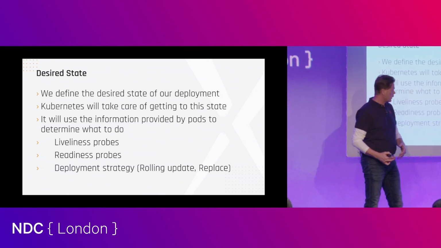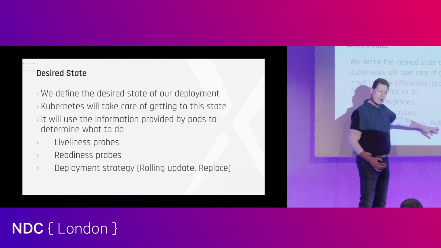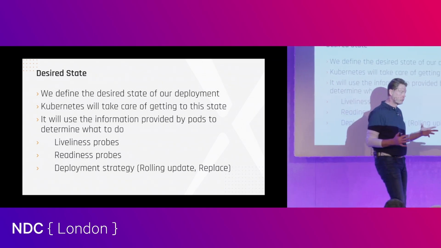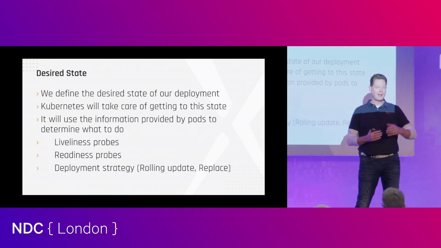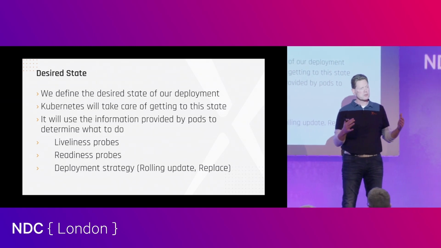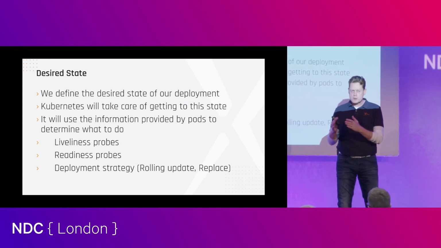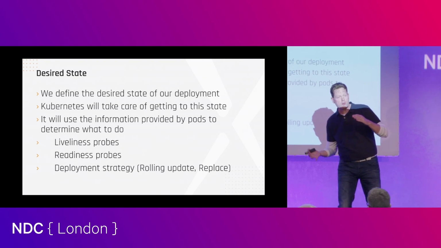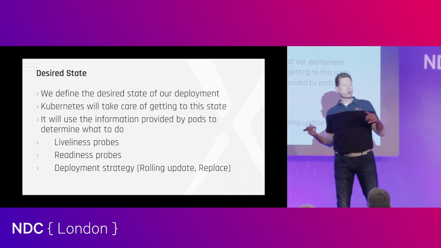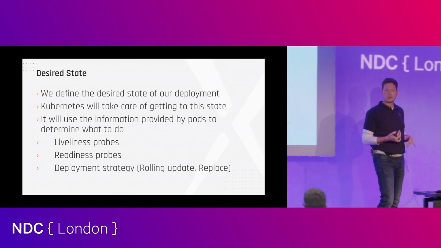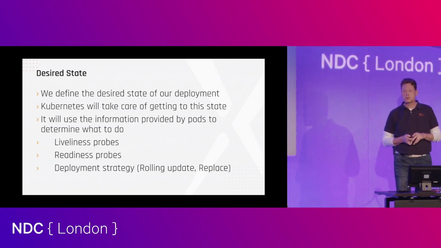Okay. Now, if we do a rolling update, it will take care of bringing new instances into the cluster, ensuring that we can send traffic there, and after that, deleting or removing the old pods and then removing the traffic from those particular instances.